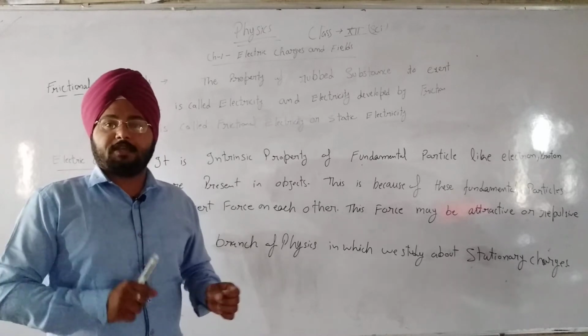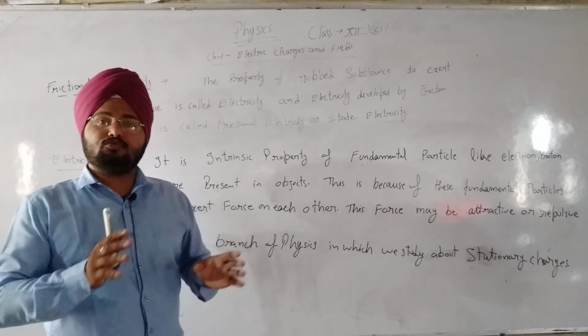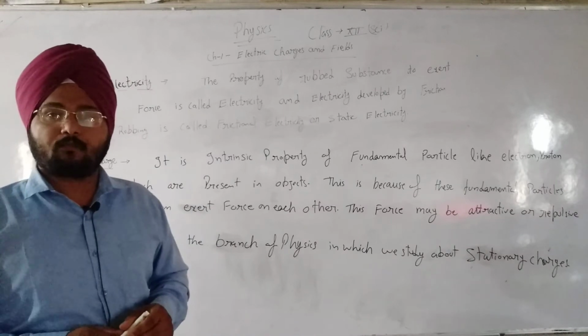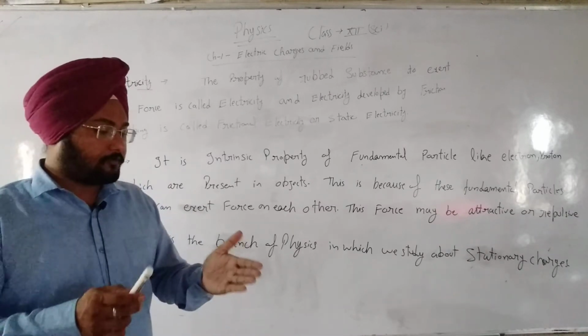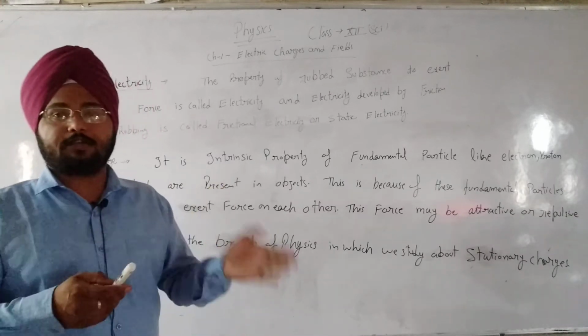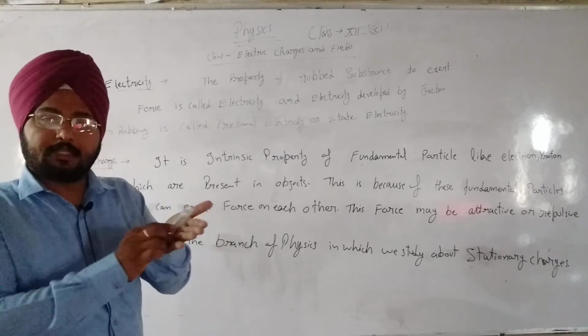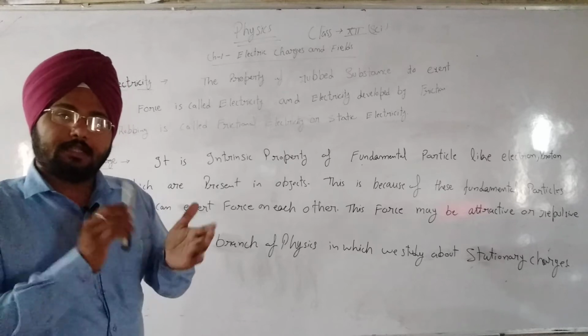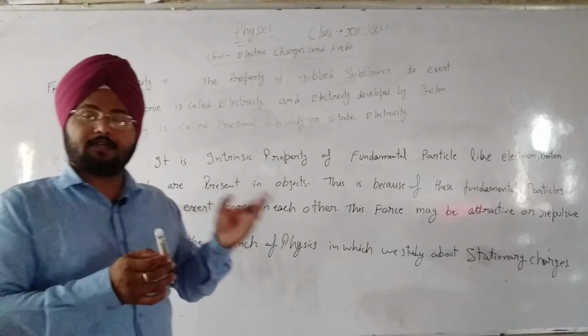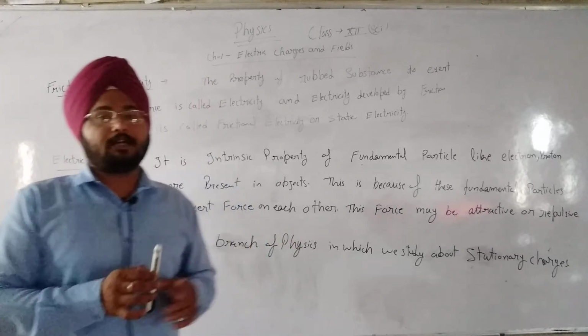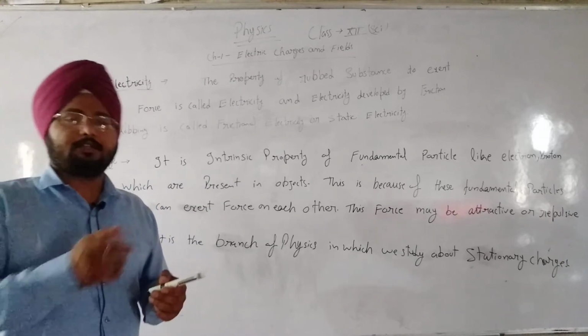Now what is the reason behind this? The reason is the transfer of charge. The charge is transferred from one body, one object, to another object. Like if I rub the glass with the silk, the charge is transferred from silk to the glass, or maybe glass to the silk.